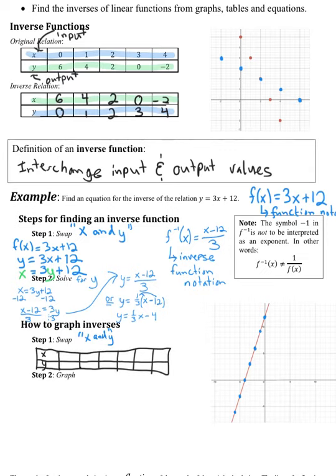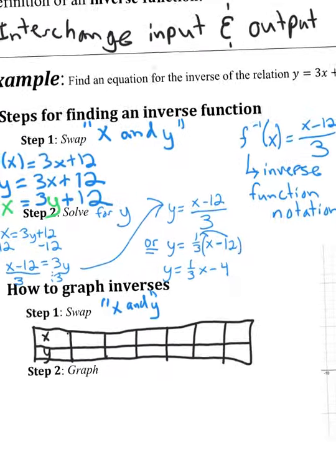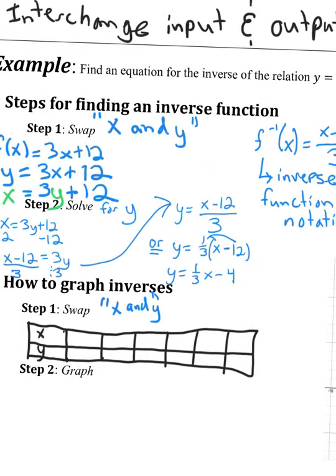Okay, so I'm going to zoom in on my table just a little bit. The first value on the left side was -6, -6. The next value was -5, -3. And then I had -4, 0. -3, 3. -2, 6. -1, 9.